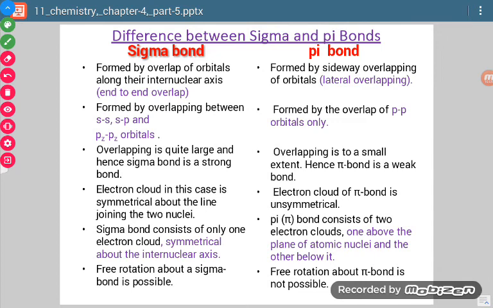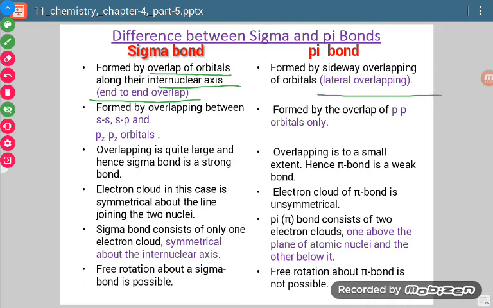Now to sum up all the points for sigma bond and pi bond, first point is sigma bond is formed by the overlapping of orbitals along their internuclear axis, or we say sigma bond is formed by end-to-end overlapping or head-on collision, and pi bond is formed by lateral overlapping or sidewise overlapping.